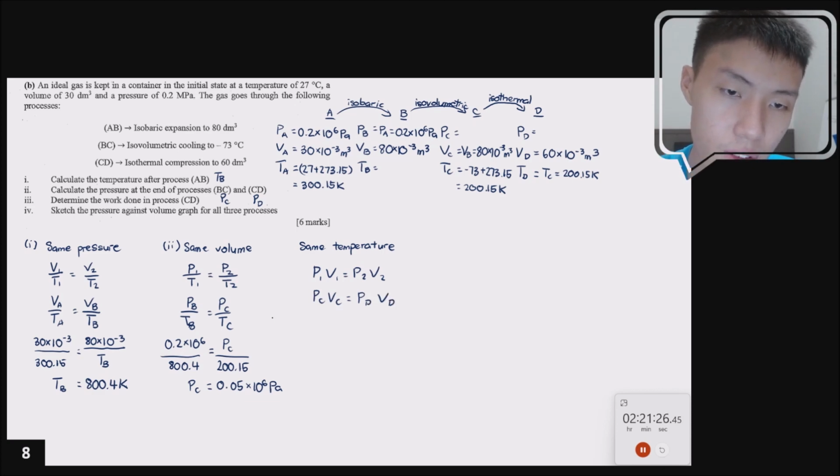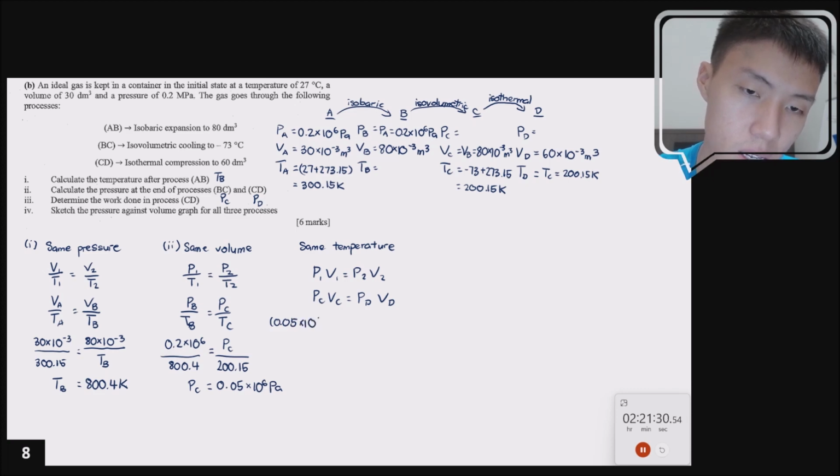PC is what we get from the previous working. VC is from the question. PD is what we want to find. The volume is 60 times 10 to the power negative 3.